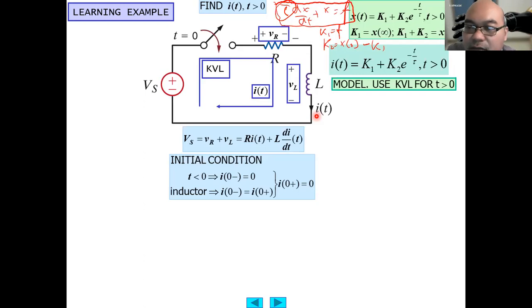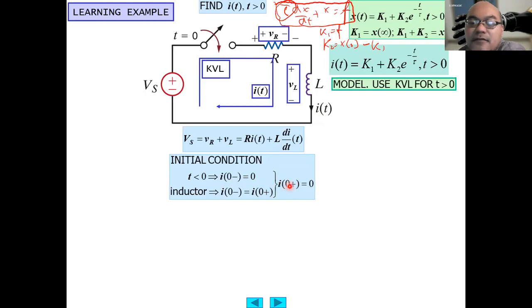If it is continuous, you cannot have disruptive values approaching t equal to 0. So the current at 0 approaching from the right has to be equal to the current at 0 approaching from the left, from minus infinity.